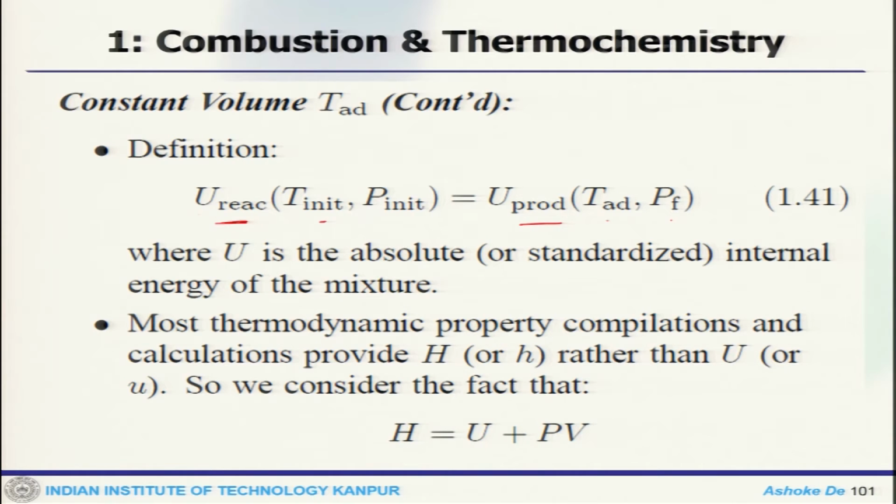Now, most of the thermodynamic property compilations and calculations involve H and U. So, we now compile them. The enthalpy is essentially the information you get from internal energy and the PV.